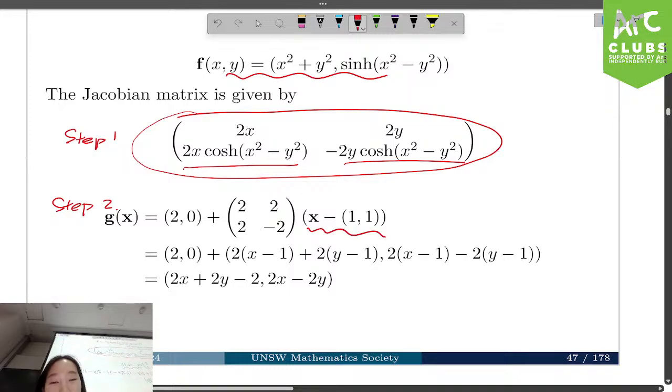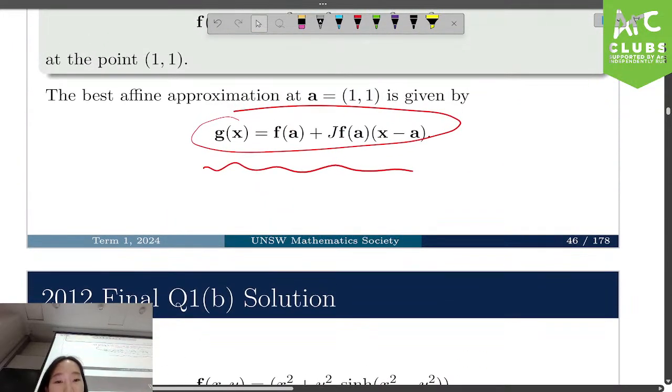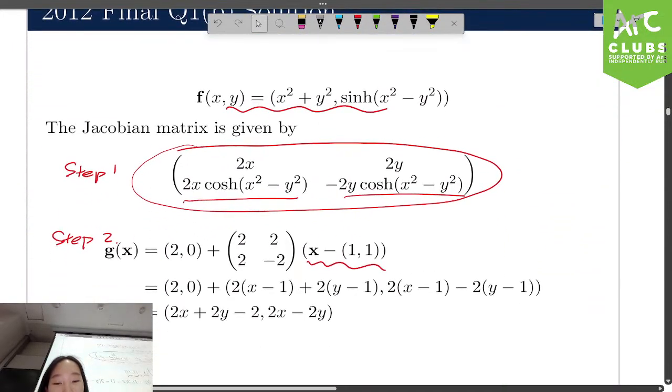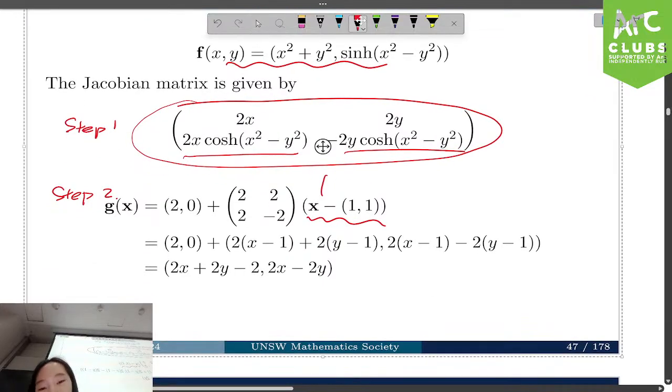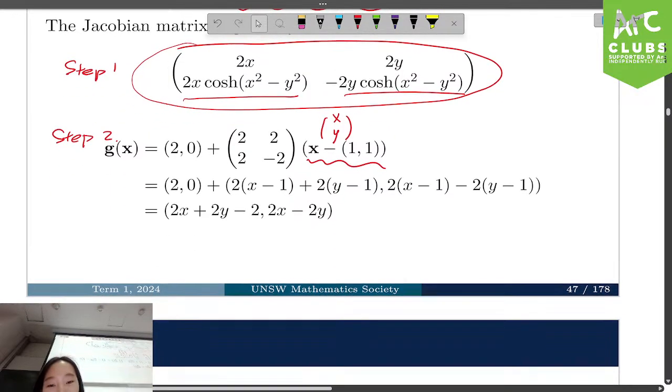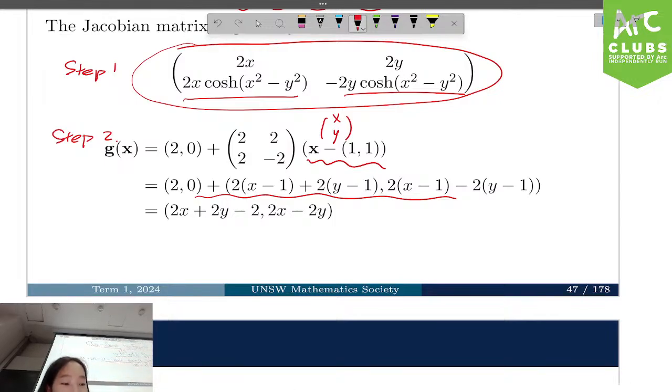And finally, we have this part, which is x minus a. And x here, we can write as the matrix (x, y). After we expand our matrix and do a bit of simplification and calculation, we can get the following: 2x plus 2y take away 2, 2x take away 2y. Cool.